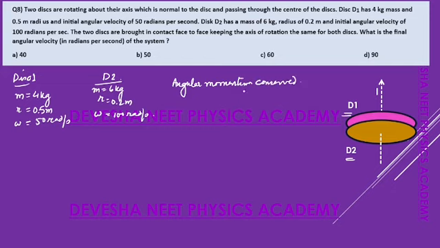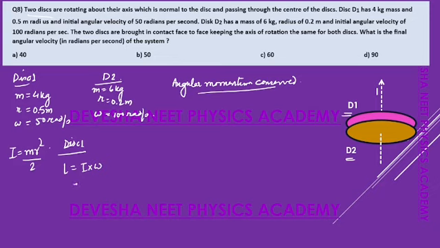So what is the initial angular momentum of these two disks? These are disks, so we know that for a disk, I is equal to mr square by 2. This formula we should know. For disk 1, the angular momentum L is equal to I omega.